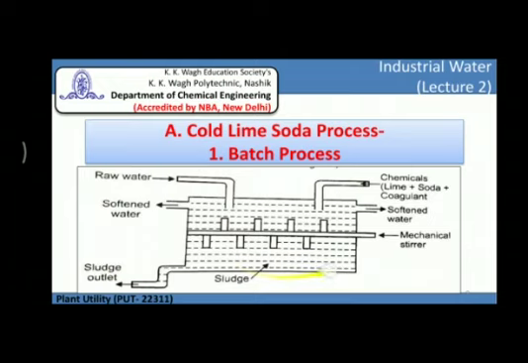After the precipitation, the sludge is removed from this sludge outlet, and the soft water is removed from this softened water outlet and then sent to the sand filter to remove the precipitate present inside that soft water.